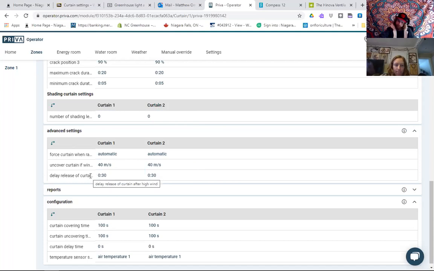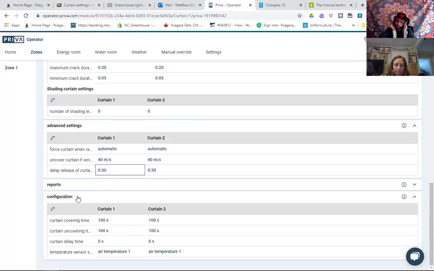Wind can pick up, so we want undelayed wind for 30 seconds, or a minute, 5 minutes, whatever time you set here. So it has to be not windy for that period of time for the curtains to come into effect.